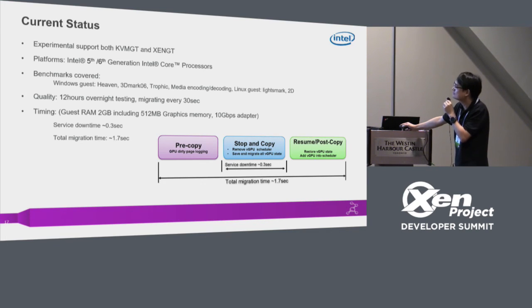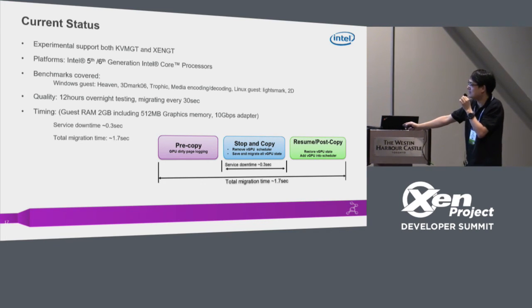Okay, so the design is that we need to do the pre-copy here, and we get the range of the GPU memory. For example, we assign 500 megabytes to a guest, but he will only use 100. In this stage, our design is to minimize this range by the pre-copy stage.